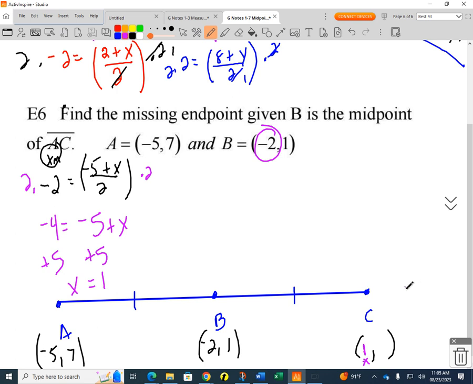Can anybody tell me what to do to find the y coordinate? Anybody? Kamara? Yep. What is that? Perfect. Now what do I do? So we did the x's, right?